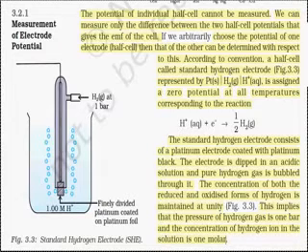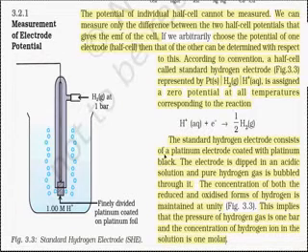Now this is dipped into an acid solution containing H+ ions in 1 molar concentration, that is 1 molar HCl. Pure hydrogen gas is constantly bubbled into the solution at 1 bar pressure and a constant temperature of 298 Kelvin. The surface of the foil acts as a site for the reaction.